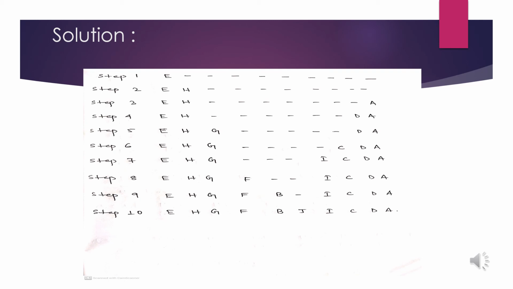So I have chosen E, and then automatically at step 2 I will be choosing H. So step 1 and step 2 are E and H.